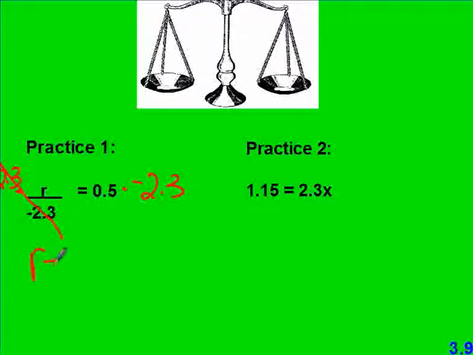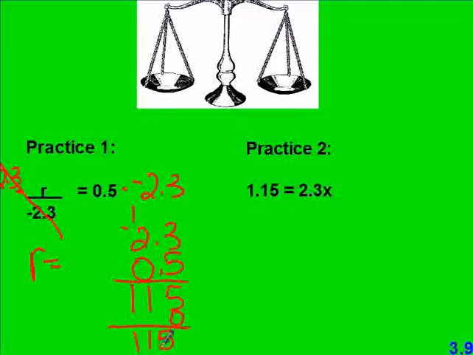I'm left with R by itself. And now I need to multiply 2.3 times 0.5. That's a negative 2.3. 5 times 3 is 15. 2 times 5 is 10, plus 1 is 11. Placeholder and the rest. So this is 115.